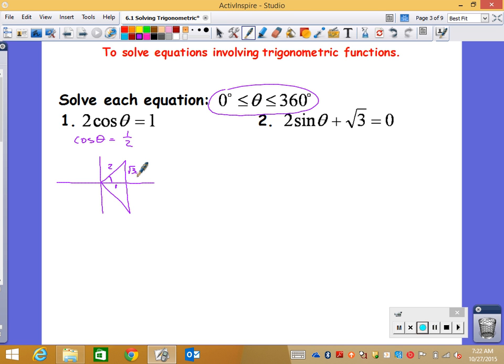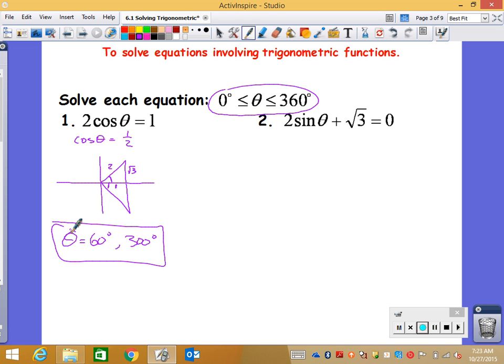Again, hopefully you know that as a 30, 60, 90 with the reference angle being 60 degrees. So one of my answers is theta is equal to 60 degrees because I'm in quadrant 1. Then, when I'm in quadrant 4, same idea, same reference angle, which means I'm 60 degrees short of 360. So my second one is 300 degrees. And those are my two answers.